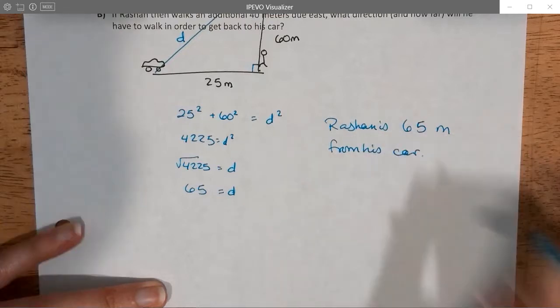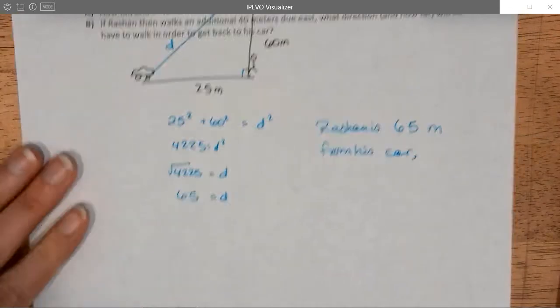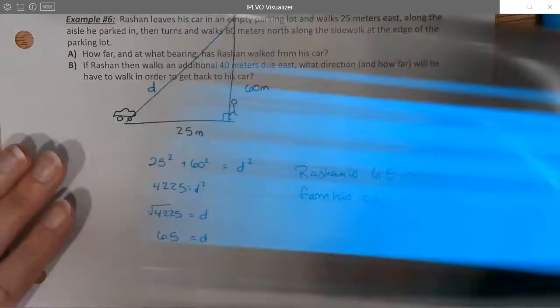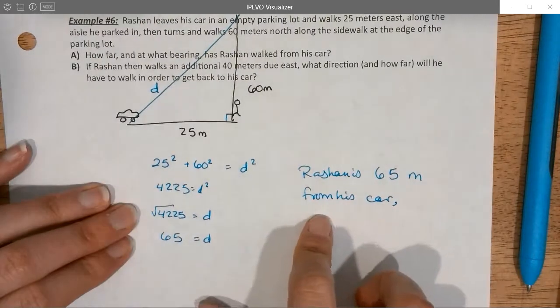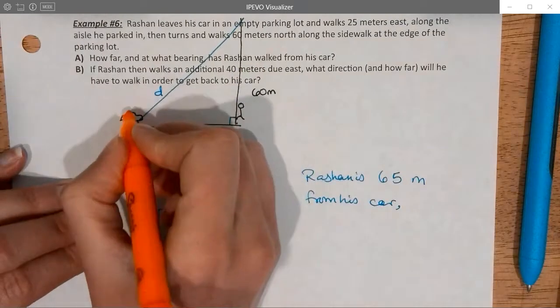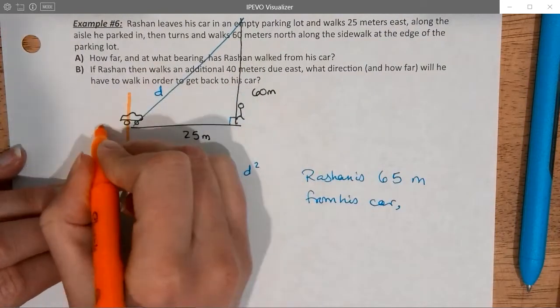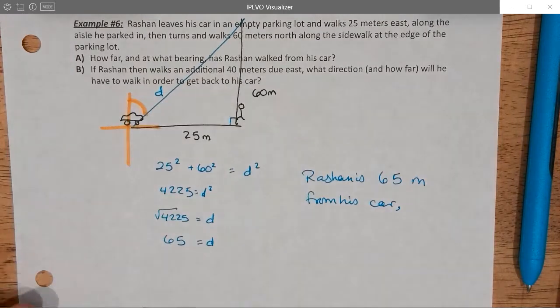At a bearing of, hold on, we don't know yet. We need to find the bearing. Okay, so what bearing has he walked from the car? Remember, a bearing is an angle measured from north, counterclockwise down.